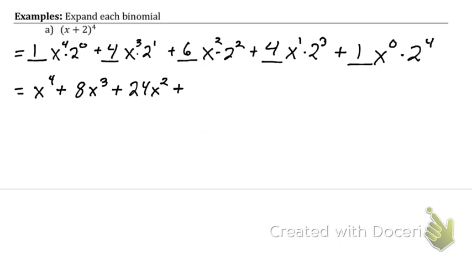Plus 2 cubed is 2 times 2 times 2, which is going to be 8. 8 times 4 is 32 x. And finally, we're going to have 2 to the 4th, which is 2 times 2, which is 4 times 2 is 8 times 2 is 16. So this is going to be plus 16. x to the 0th is 1, so we'll just have 16.